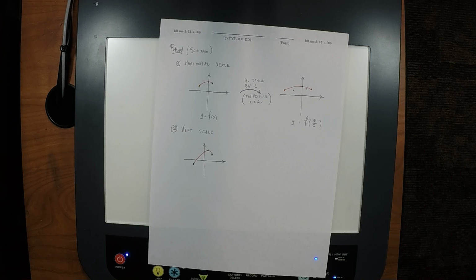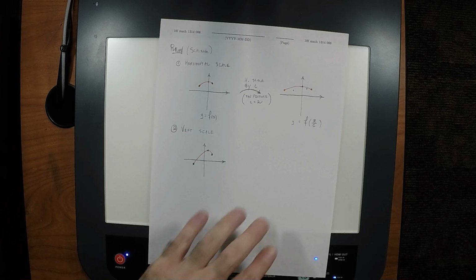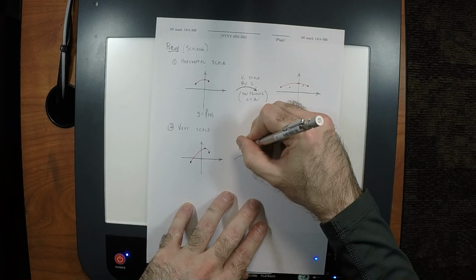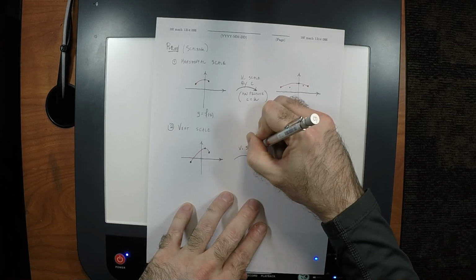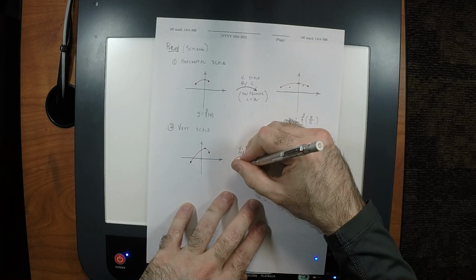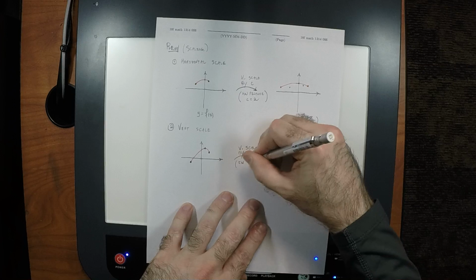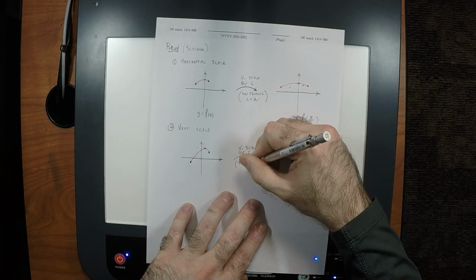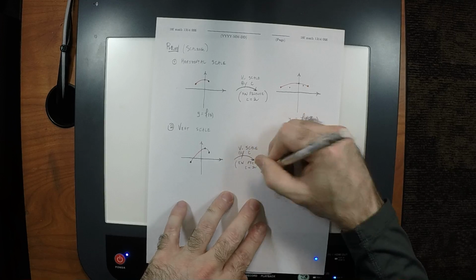Specifically, for the purposes of the picture, I'm going to do 2, but you know, it could be anything, just to make a definite looking picture. So this is a vertical scale by c. In the picture, c is 2.